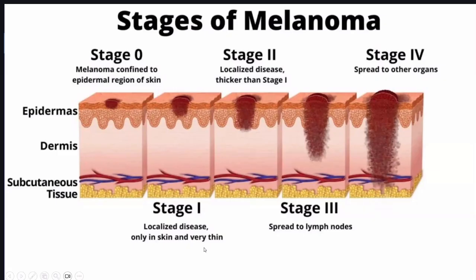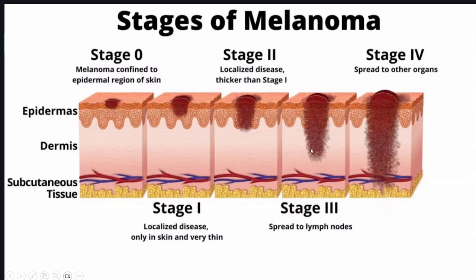Stage 1, it's in the skin and it's very thin. It's only in the superficial layer alone. Stage 2, you have a still bigger lesion where it just juts out of the epidermis, trying to enter into the dermis. And then stage 3, when it enters the dermis, is the part where you have the blood vessels, lymphatics.